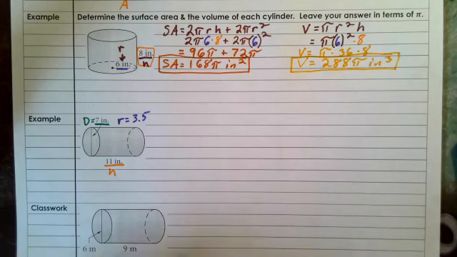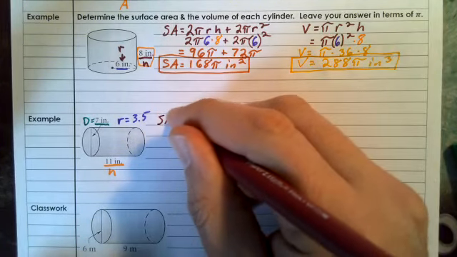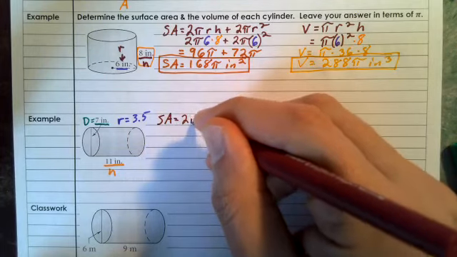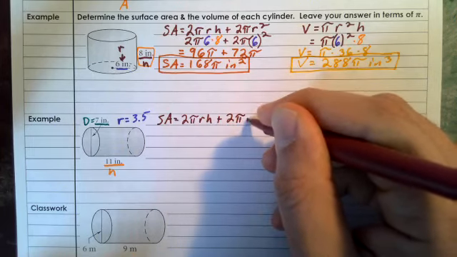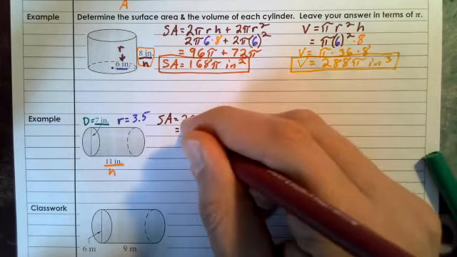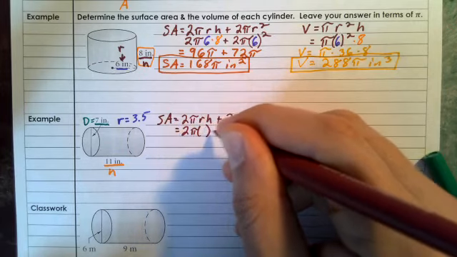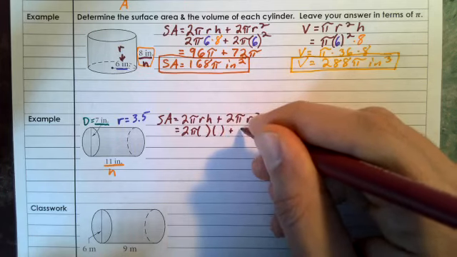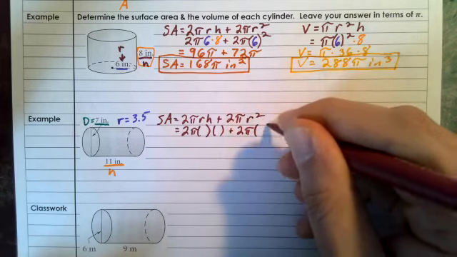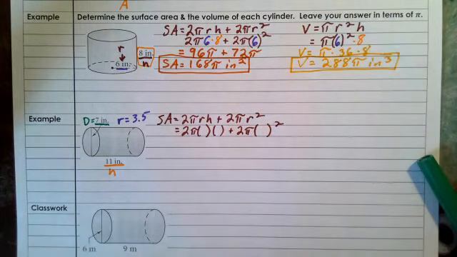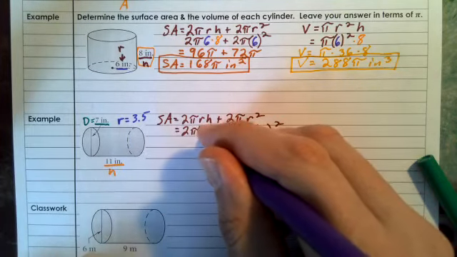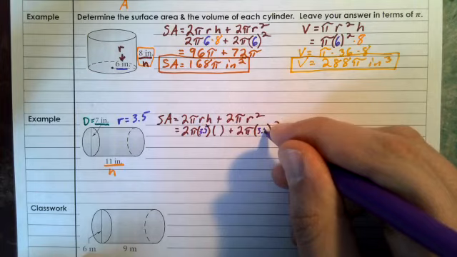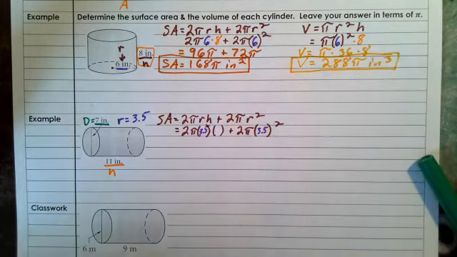So then we just need to plug it into that surface area formula. So surface area equals 2 pi r h plus 2 pi r squared. So we've got 2 pi, we'll put an r here, put an h there, plus 2 pi whatever r is, squared. So we said just a moment ago, our r is 3.5, so that goes here and here. And our h was 11.